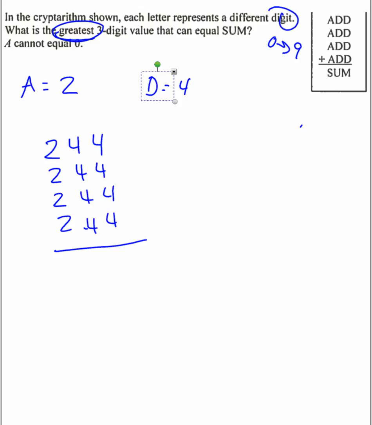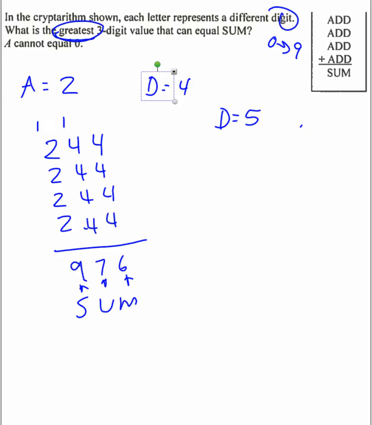So when I add this, I get 16, carry that, I get 16, but with the 1 I get 17. And when I look at that, I think, okay, yep, that's possible. So what do I do next? Well, let's try 5 then. So remember, I'm trying to come up with the greatest number.